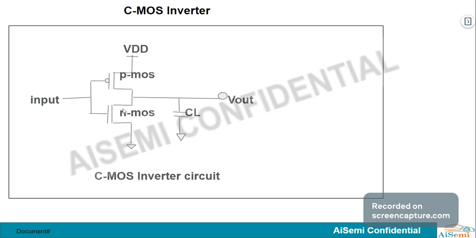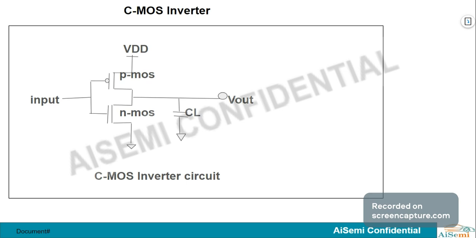Similarly, when the input is applied as logic high, meaning 1, the PMOS is 1 and the NMOS is 1. When the PMOS input is 1, the transistor is open, and when the NMOS input is 1, this transistor is closed. Here the current does not flow through the PMOS. Here we can observe that there is a capacitance, CL, the load capacitance.